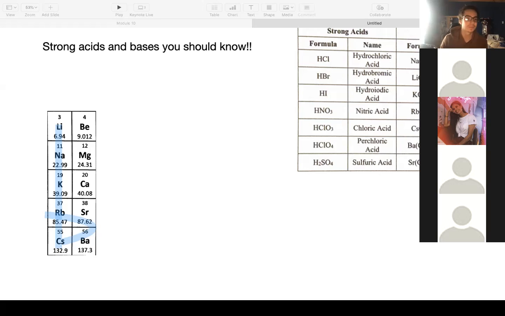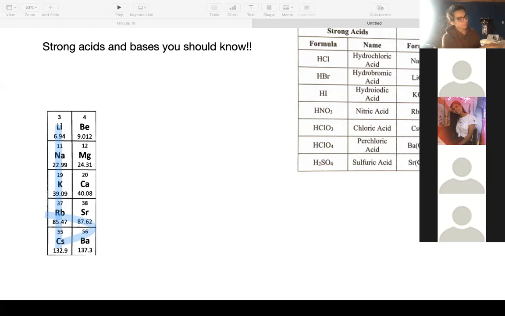And something important to note is we know that strong acids dissociate completely in water, and the same can be said about our strong bases. So our strong bases will also dissociate completely in water.